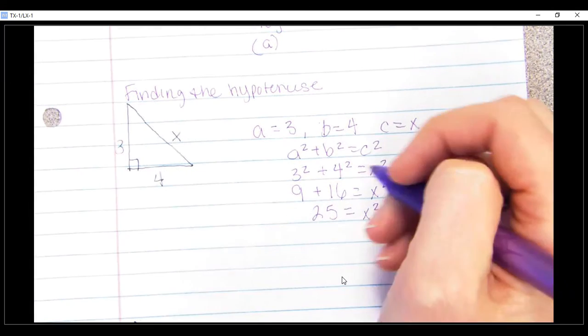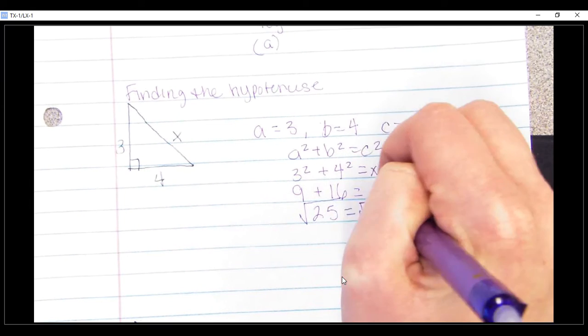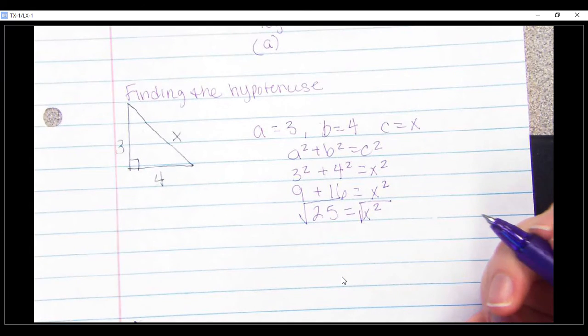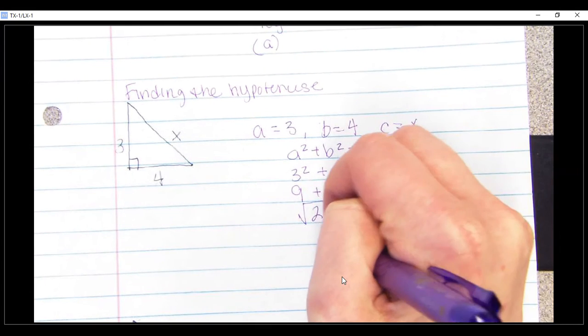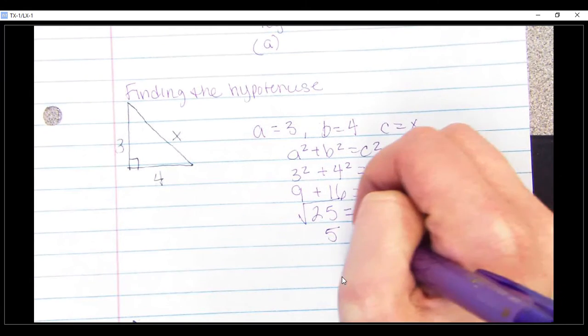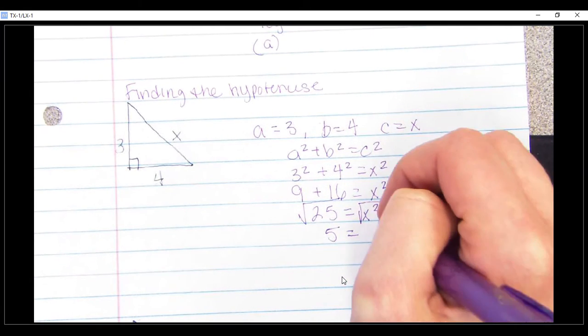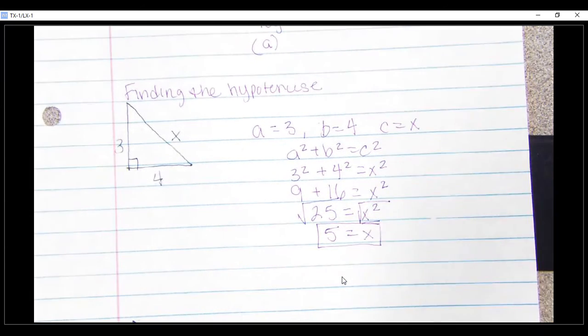So if we square root 25 and square root our x squared, the square root of 25 is going to be 5 because 5 times 5 equals 25. And the square root of x squared is just going to be x, because the square root and the square cancel out, leaving x all by itself.